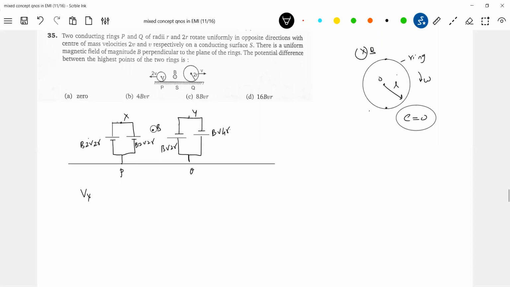B bar out of the plane, velocity. So this end should be positive. Yeah. For this ring, B bar out of the plane, velocity. So this end should be positive. So I'll write Vx minus B 2V 2R minus BV 4R minus Vy equal to 0.